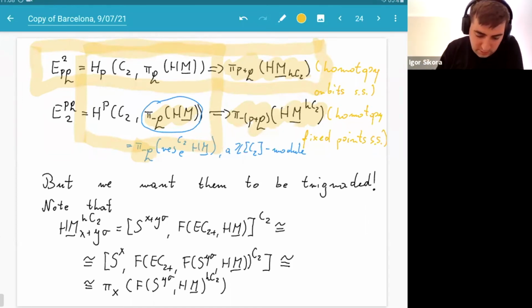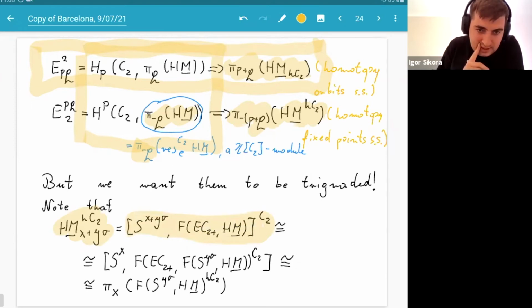So for this, we use a small trick: the coefficients in the spot x plus y sigma of the Borel completion, well, this is just the definition of these coefficients.